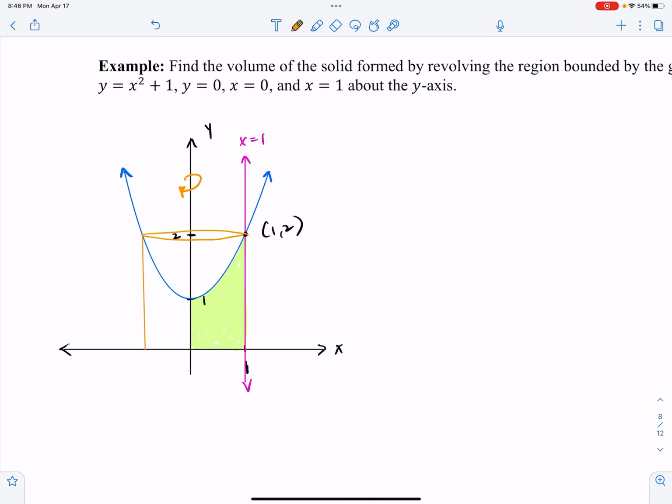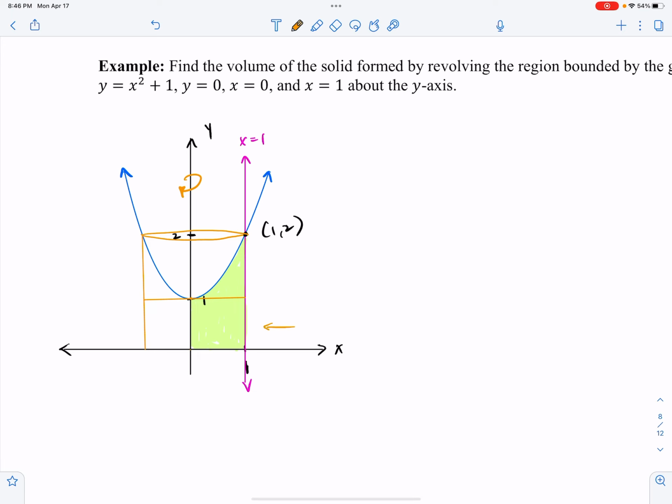Here's the thing: if we were to think about taking horizontal cross sections, we would have washers up here in this top part, right? We would have slices that would have a hole in the middle. But then from 0 to 1, we would have discs.